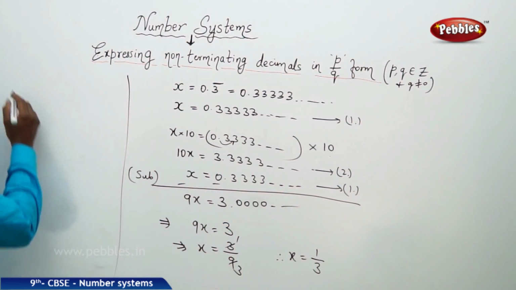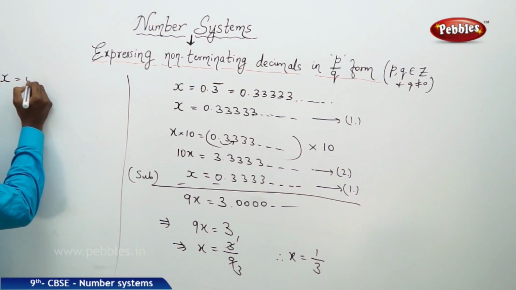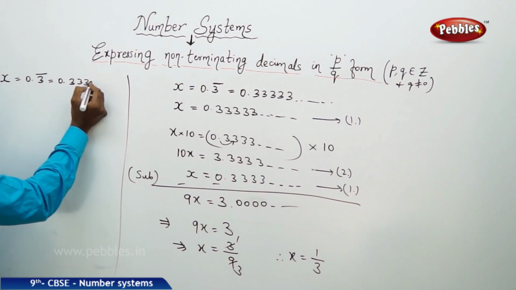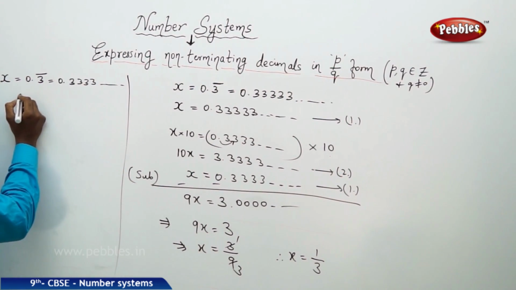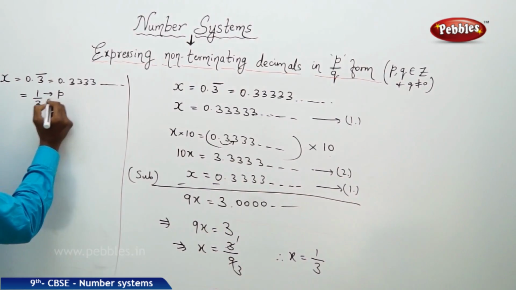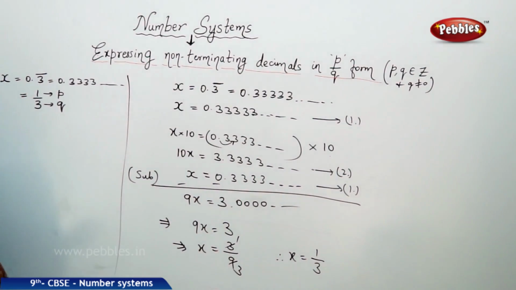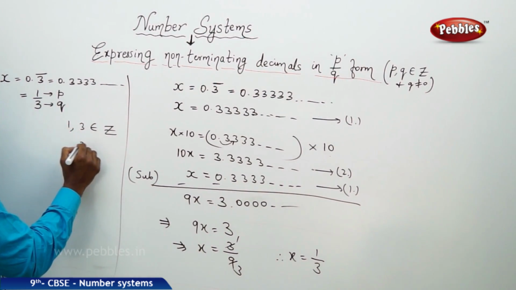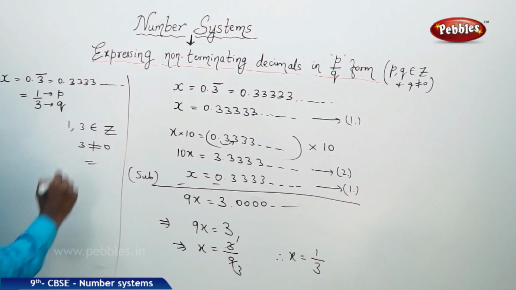So I finally understand that x, which was 0.3 bar or 0.333 and so on until infinity, can be expressed in the form p by q, with p being 1 and q being 3, and both p and q belong to Z and q not equal to 0.